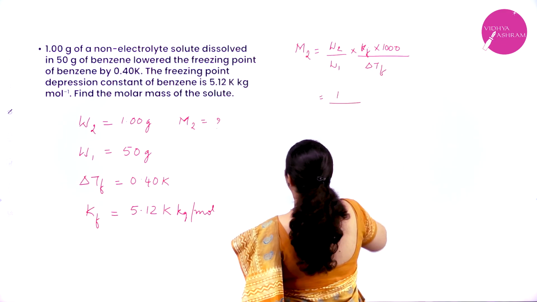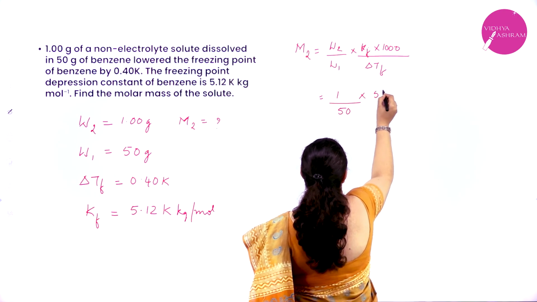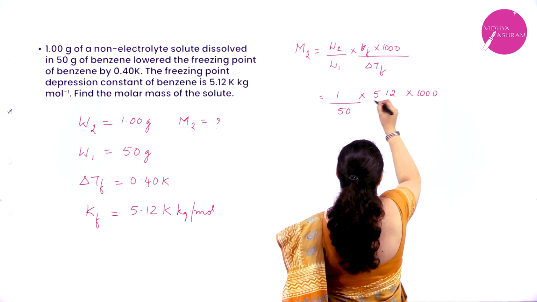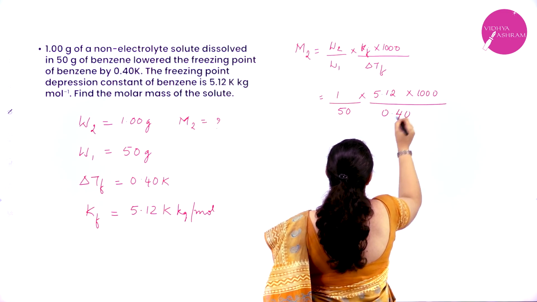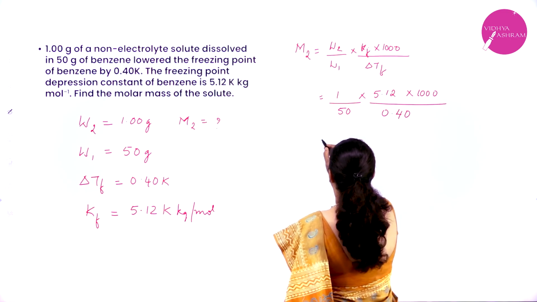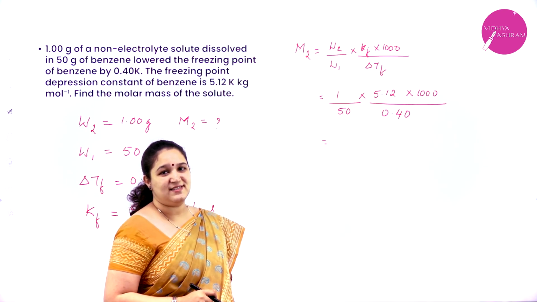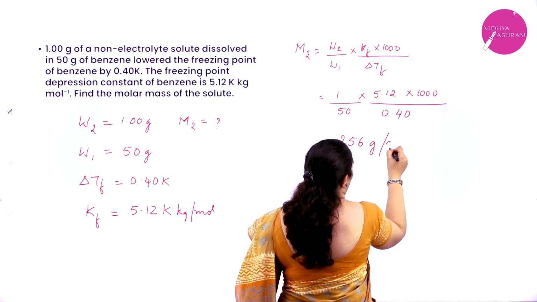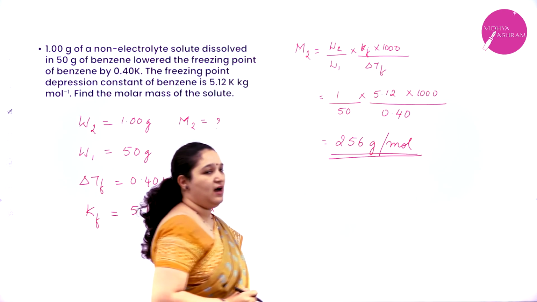It is 1, W1 is 50, Kf is 5.12 into 1000 divided by delta TF is 0.40. If you solve this, you will get the answer as 256 gram per mole. So that is the answer.